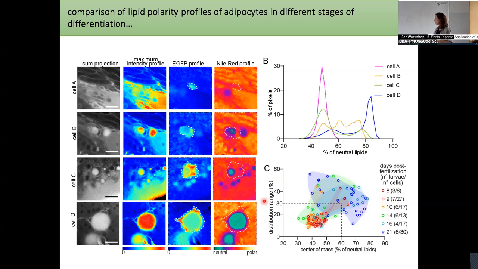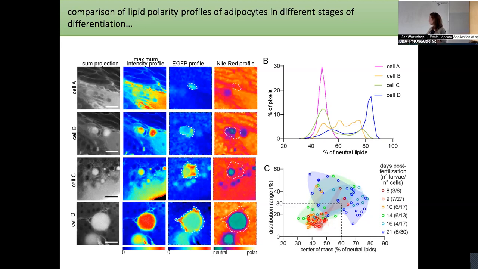So if we see here for the red dots, this is an early larval stage, so we will expect to find adipocytes in the earliest stage of differentiation. And here we see that these cells have center of mass that are shifted towards lower contents of neutral lipids, so more polar lipid profile, and tighter distribution ranges.